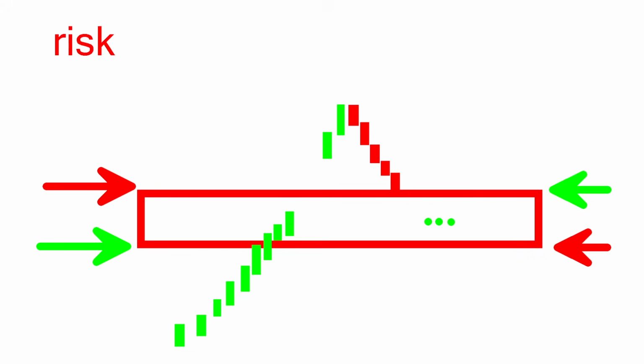Conservative traders, you wait for the candle to close. If the candle closes here, now your risk is here to here, not here to here. It is where the candle closes, so you have increased the risk of your trade. You got to figure out which one it is.